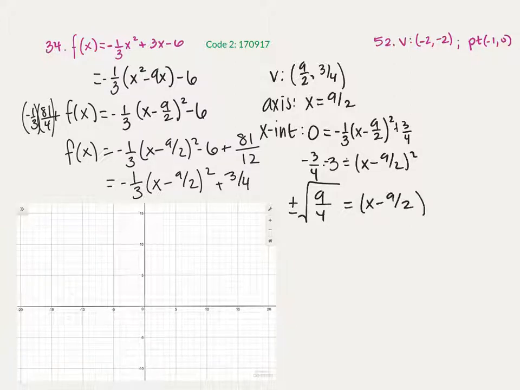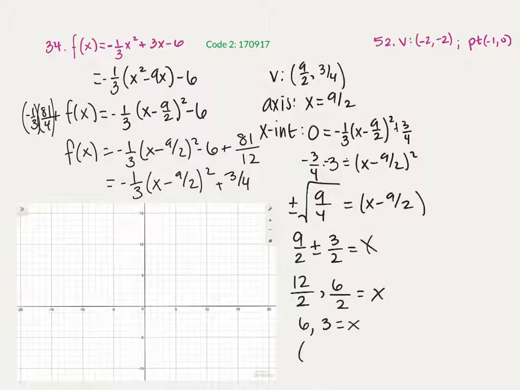So this will be 9/2 plus or minus 3/2 is equal to x. So 9 plus 3 is 12 over 2, or 6 over 2. So this will be 6 or 3. So we'll have 6, 0 and 3, 0.